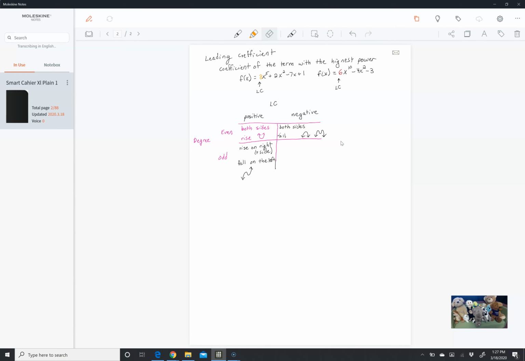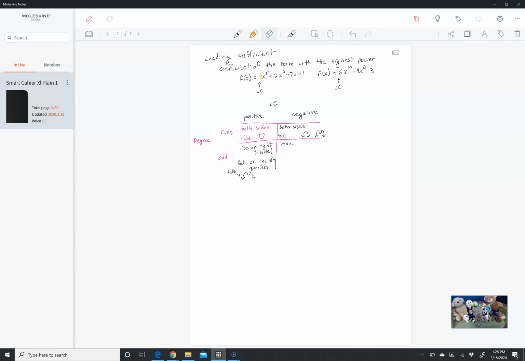So here it falls. This is the left side. Remember that if we are standing in the center of the graph right here and we look to the left, the y values are falling. If we look to the right, the y values are rising. And with negative, it's the opposite. It's going to rise on the left this time.